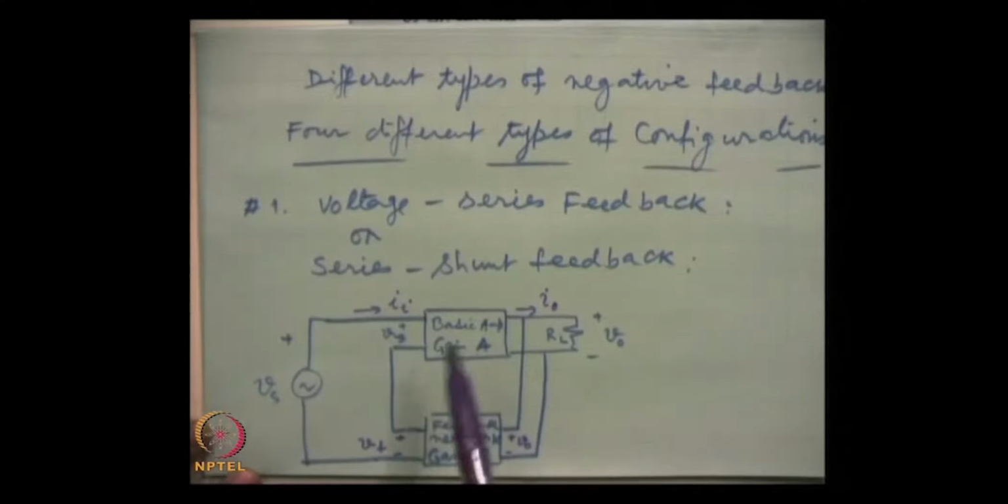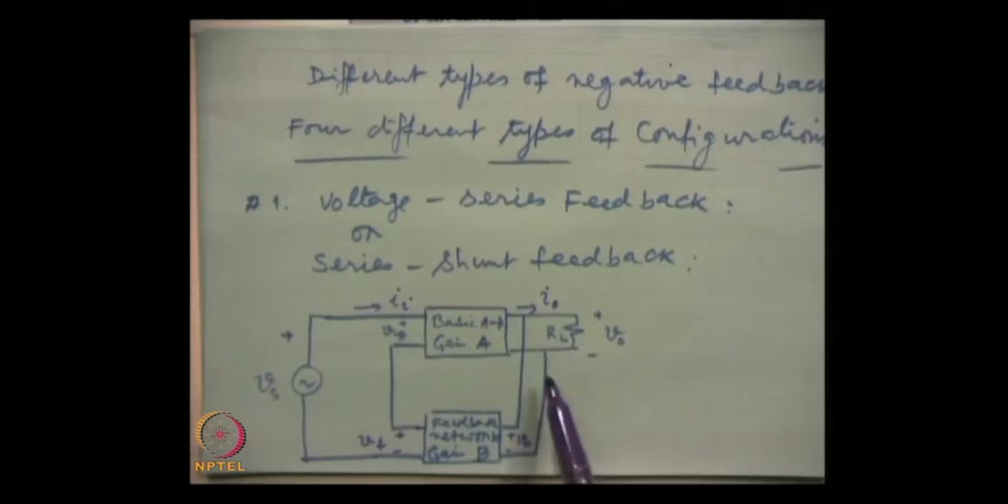This is one configuration. Here see carefully and remember that at the output there is a shunt connection. We are taking it in parallel and we are returning it in series. So, this is sampling the voltage, and the gain here of course will be the voltage gain.